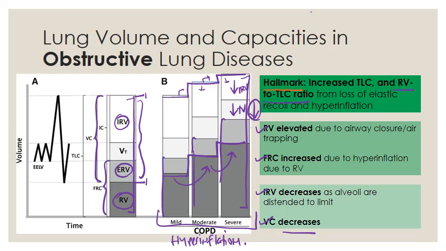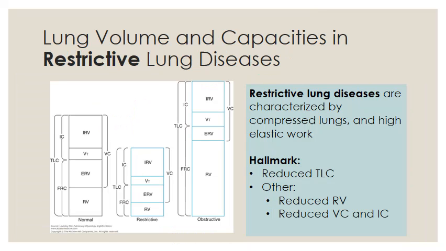Let's look at some main points when we look at restrictive lung diseases in terms of lung volumes and lung capacities. Restrictive diseases like pulmonary fibrosis, severe morbid obesity, and scoliosis are characterized by a restriction in the ability to expand the chest wall, as well as restriction or compression of lung volumes and capacities.